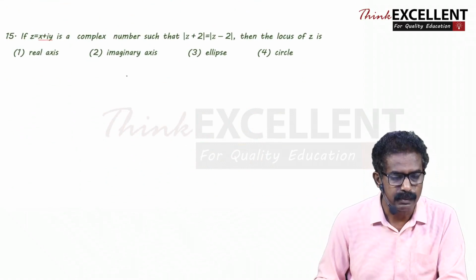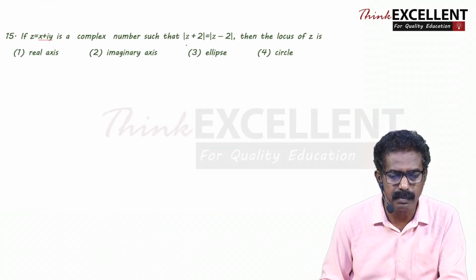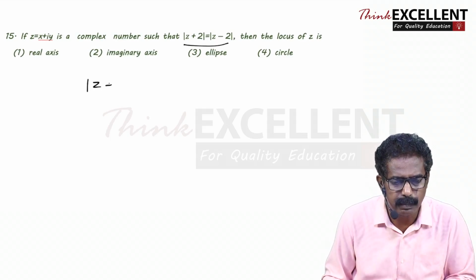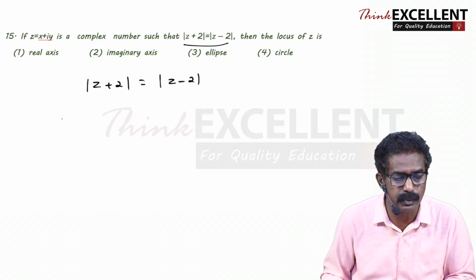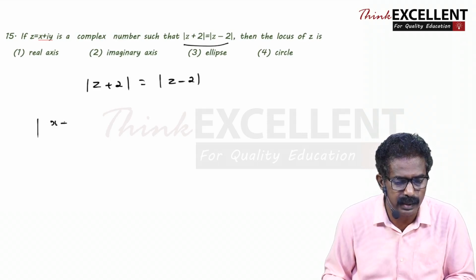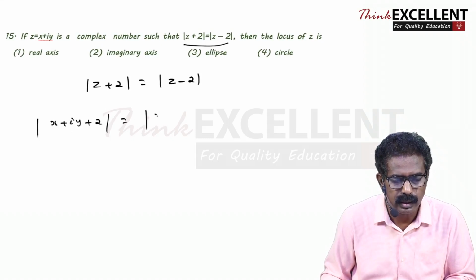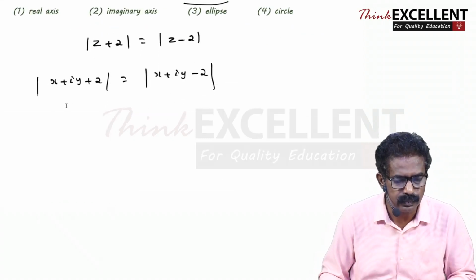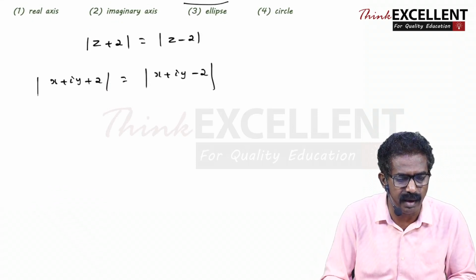Okay, look another question. If z equal to x plus iy, then the complex number is just to substitute the given condition: modulus (z plus 2) equal to modulus (z minus 2). For z you put x plus iy. So modulus (x plus iy plus 2) equal to modulus (x plus iy minus 2), right? Listen how to simplify this. First you arrange in standard form.